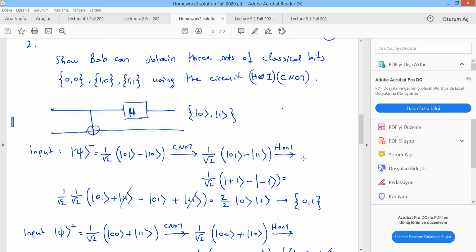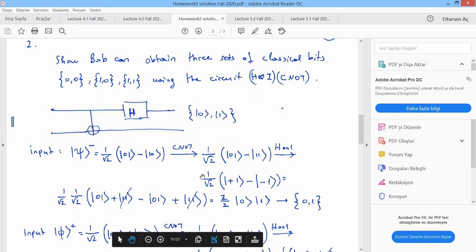And then I apply Hadamard on the first qubit, right? Do nothing on the second, but apply Hadamard on the first qubit. If I do that, Hadamard converts 0 to plus and 1 to minus, right? And the state I have is 1 over square root of 2, ket plus 1 minus ket minus 1.